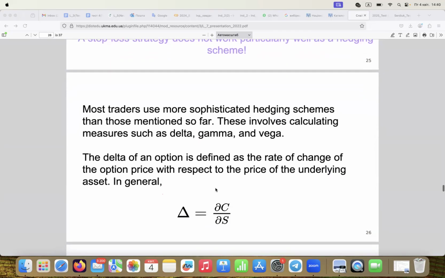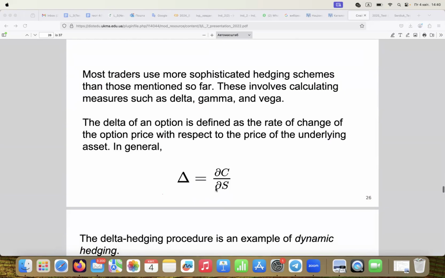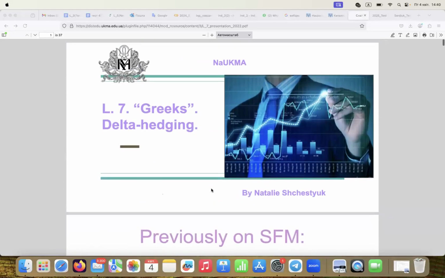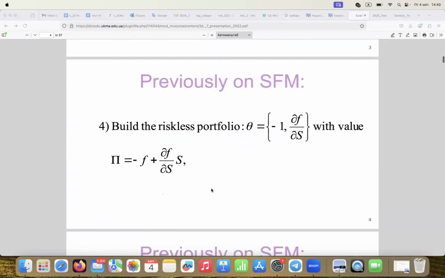So now I propose another hedging strategy. It's called dynamic delta hedging, and it is based on the Black-Scholes model and how they build a riskless portfolio. You remember this riskless portfolio, it was this.